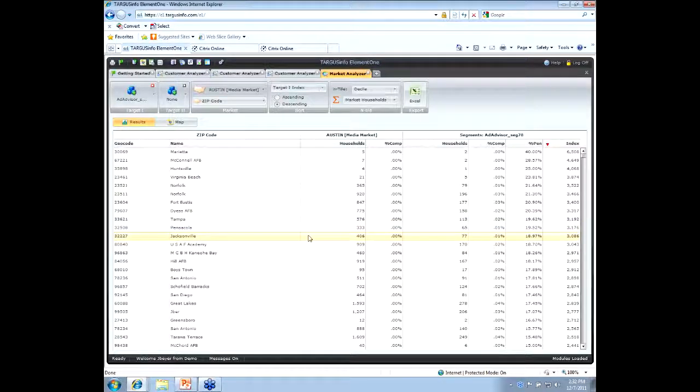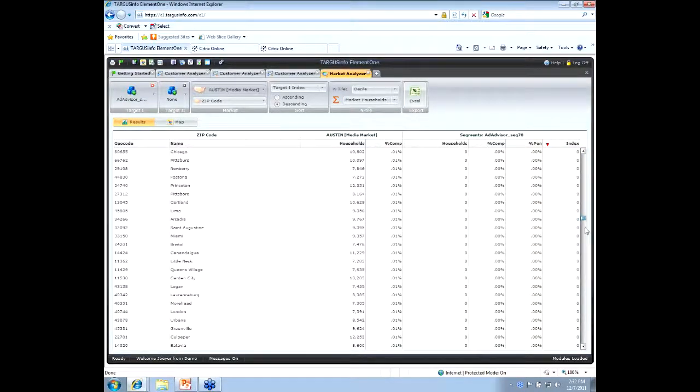And so for Austin, the Austin market right here, the geocode 6482 has 4,148 households in it, 53 of which fall into segment 78, which is a 1.28% penetration rate, which is over the average by 2 times.